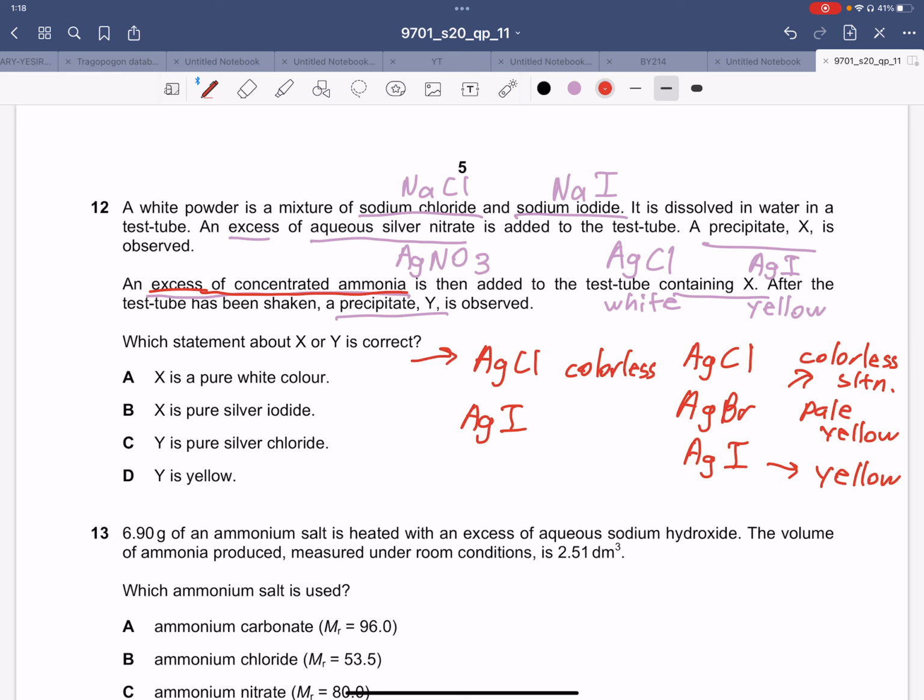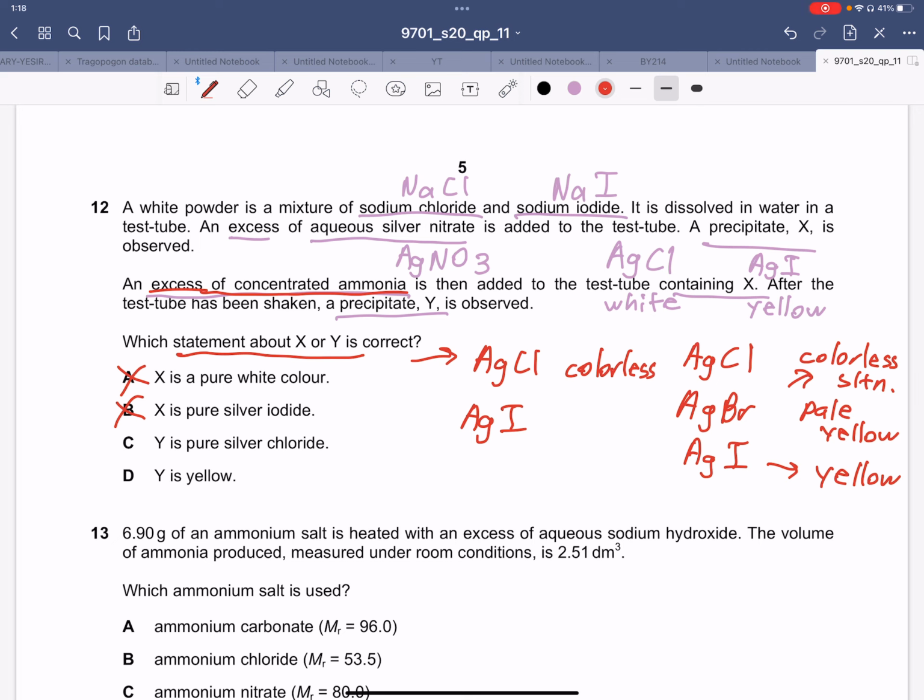So, when they ask you which statement about X or Y is correct, let's see, X is a pure white color. It's not going to be pure white because you're going to have two separate layers of AgCl and AgI, a white layer and a yellow layer, so it can't be A. Meanwhile, for part B, X is pure silver iodide. Again, we said there's going to be some silver chloride and silver iodide, so that can't be right. Y is pure silver chloride.